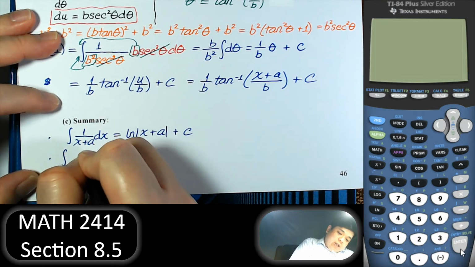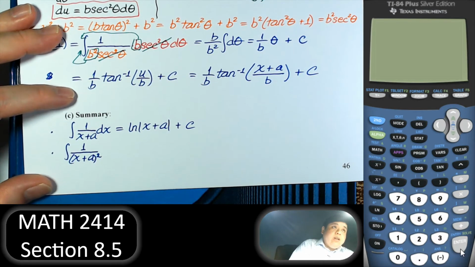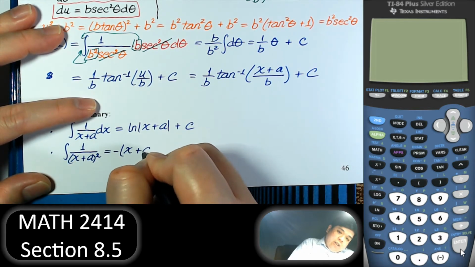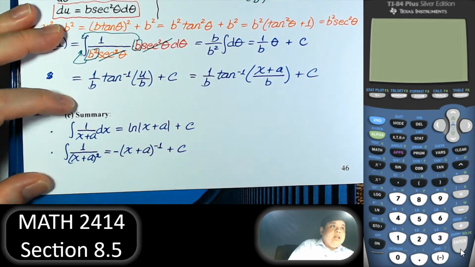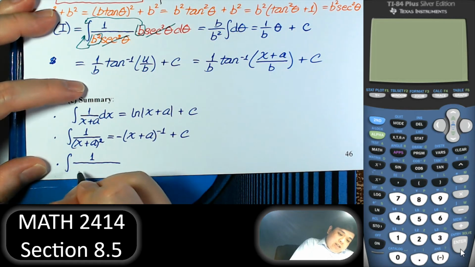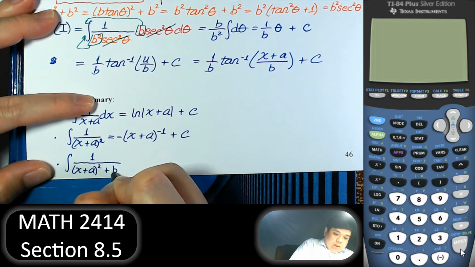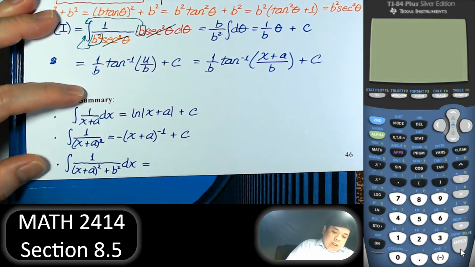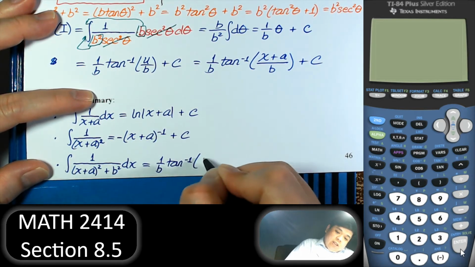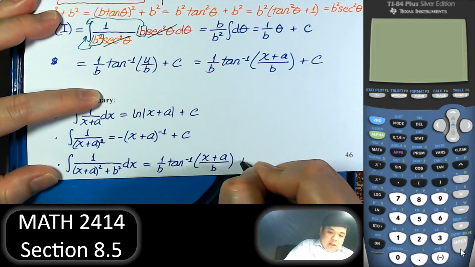If we have a square, this is going to be equal to negative x plus a to the negative 1 plus c, and when we have a quadratic factor, it is equal to 1 over b tangent inverse of x plus a over b plus the constant c.